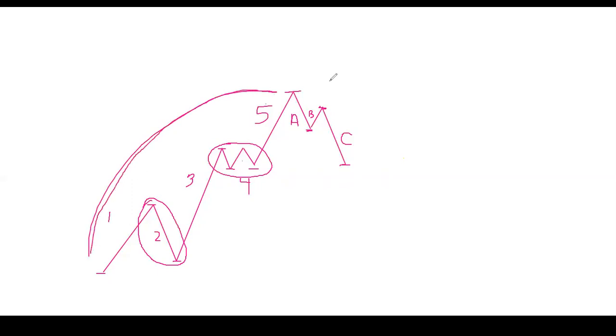Right. So, let's just do a scenario. We go from A to B, and you see that B is a lower high than wave 5. Right. So, do we have to wait to see how far down wave C goes before we enter, or do we enter on B?